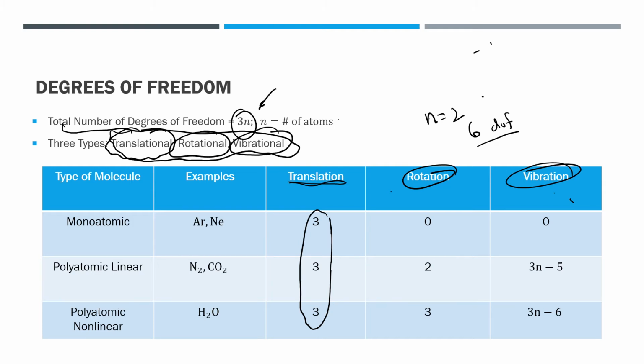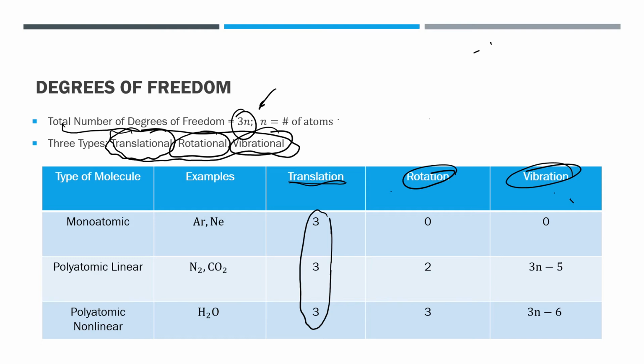So let's talk more about rotation and vibration. Basically, these rotational and vibrational degrees of freedom can contribute to the energy. Remember how we said each degree of freedom contributes half kBT. Rotation and vibration, these forms of energy, also contribute to the kinetic energy of a gas molecule.